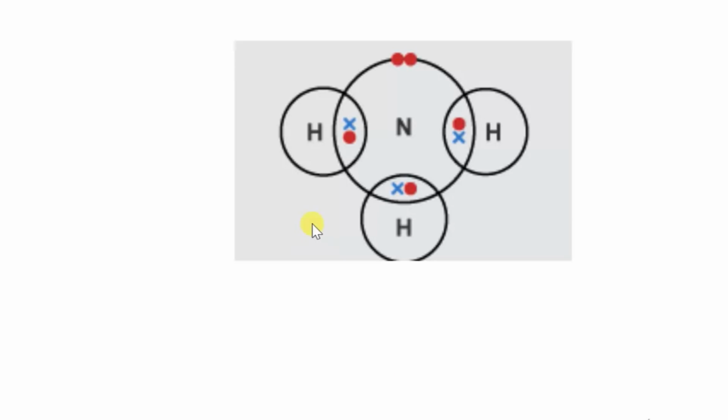We can see that nitrogen, the electrons being represented by the circles, we said it had 5 electrons in its outer shell and has 3 unpaired electrons. And each hydrogen atom can receive 1 of these electrons, as we can see here, and they are sharing the electrons. So now each hydrogen atom has 2 electrons, i.e. its full outer shell, so they're all stable.